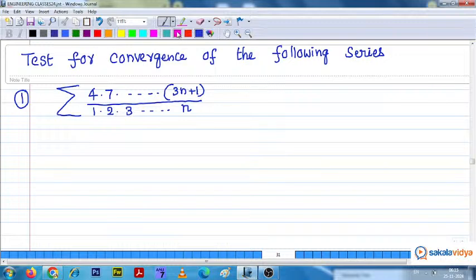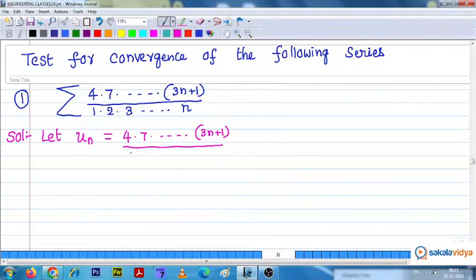So let us proceed. How to solve this one now? The solution. Let u_n equal 4 into 7 into and so on (3n+1), it's not a sum, it's a product, divided by the product 1 into 2 into 3 into and so on n.